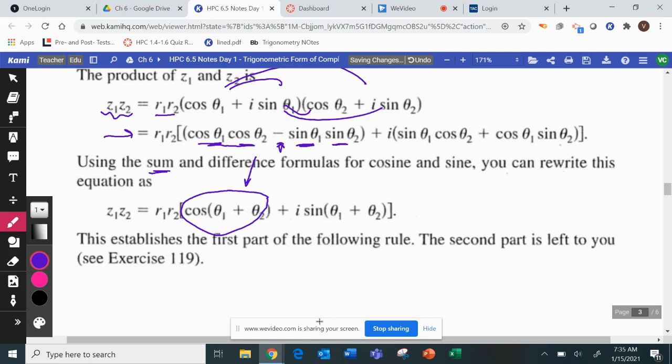I forgot to say, they foiled it, and then they put together the two real pieces, and then they put together the two imaginary pieces so that they could factor out the imaginary number. I had to think through that when I was going over these notes earlier. Oh yeah, and then for this one here, sine theta cosine theta plus cosine theta sine theta, that is the sum of the sines formula, so that we rewrote that.